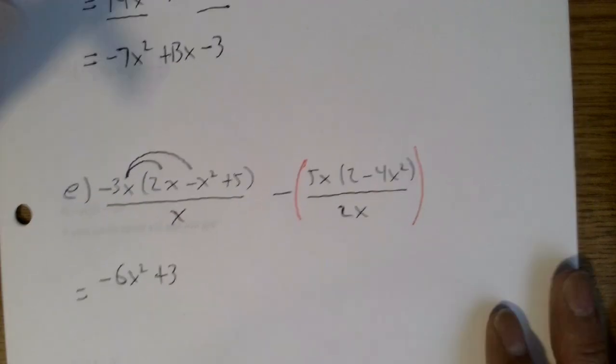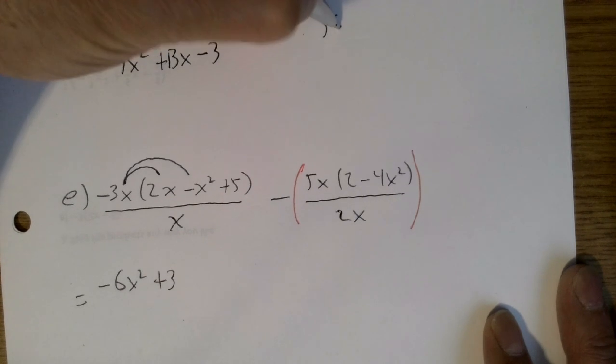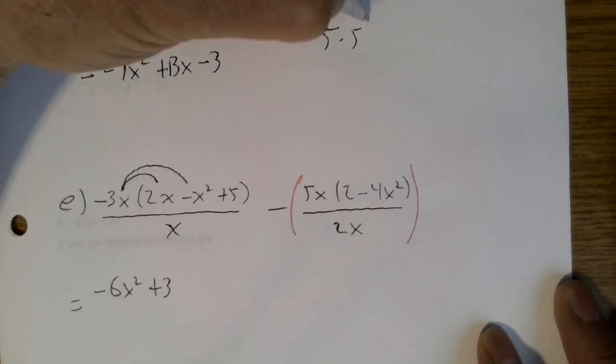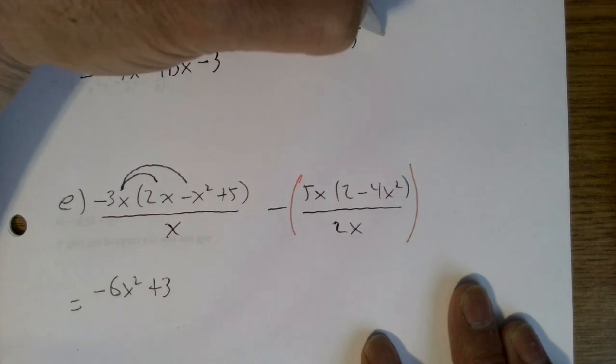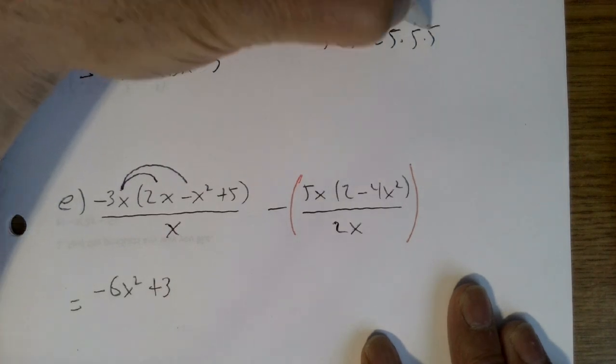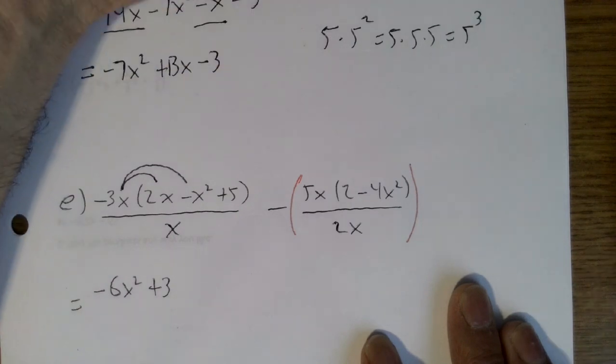Okay, let's have a look at if we had, say, 5 times 5 squared. You guys remember that's 5 times 5 times 5, which we can just rewrite as 5 to the power of 3. Well, we can do the same thing with x's.